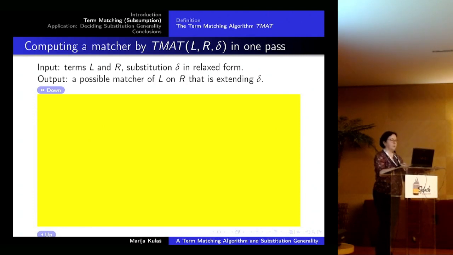That's a substitution in relaxed form, and the output will be a possible matcher of L and R that is extending the accumulator delta, if the algorithm does not fail.